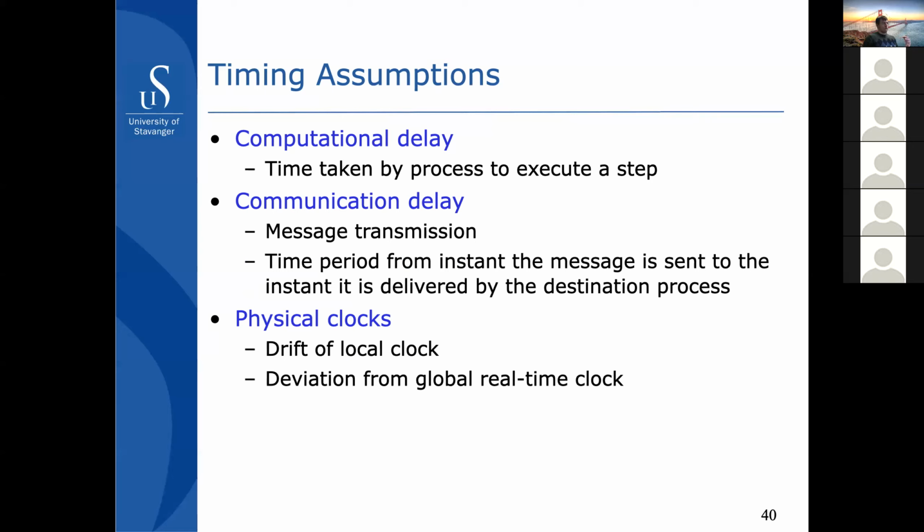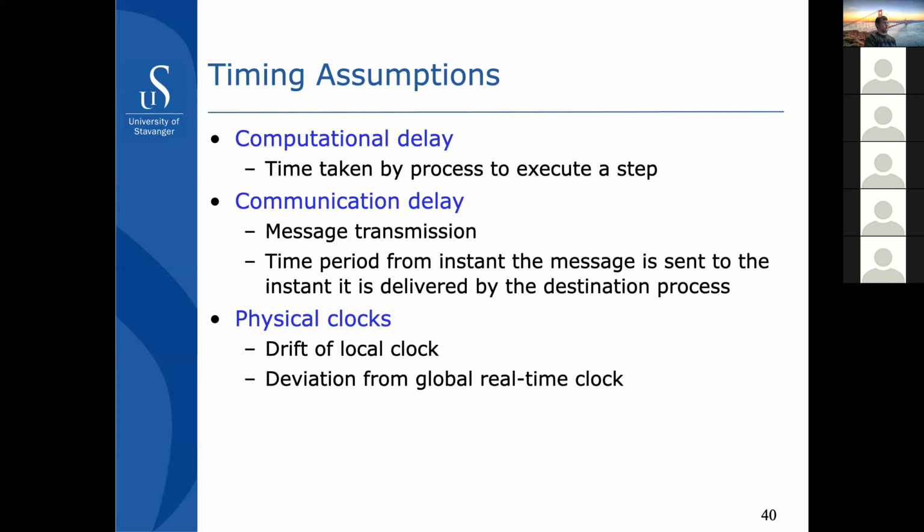Or it can be on the network, something with the message transmission, that you're sending a message but it takes a long time. It has to go through the network and goes around until it's finally received. So it can be a long communication delay.